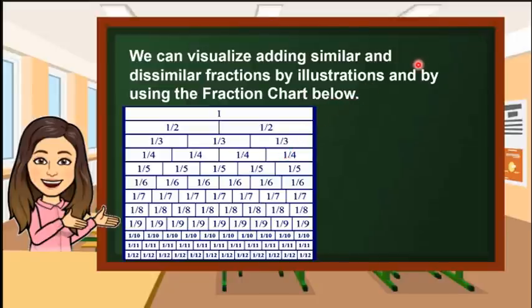There are other ways also to visualize adding similar and dissimilar fractions like number lines, graphs, pie chart, and this fraction chart here is one of the examples. So with the help of this, you can see how we add and subtract fractions.